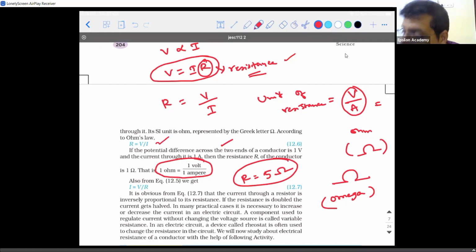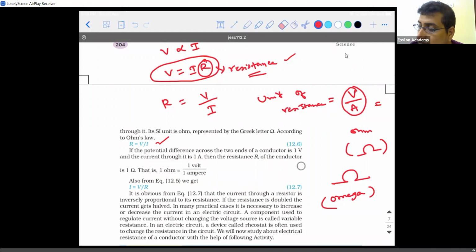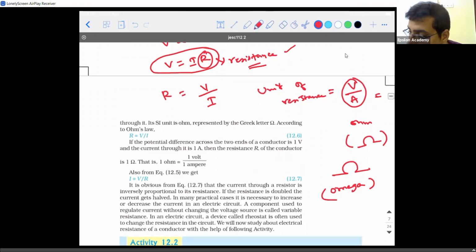So R is equal to V divided by I. Now, if the potential difference across the two ends of a conductor is 1 volt and the current is 1 ampere, then the resistance is defined as 1 ohm.